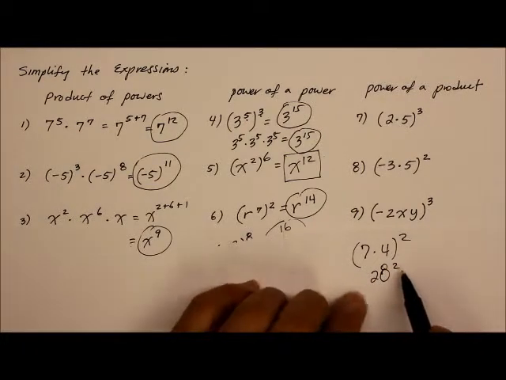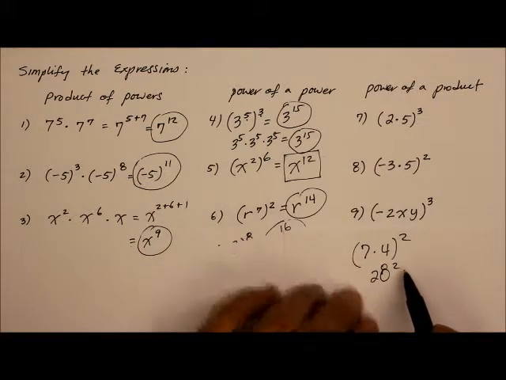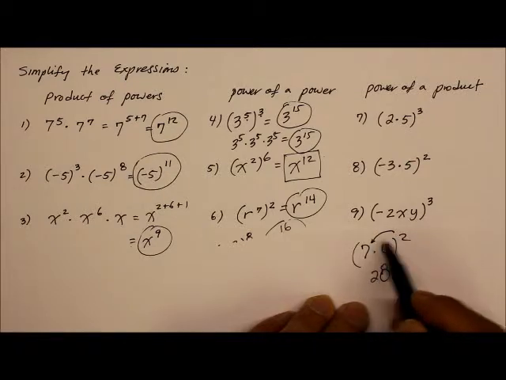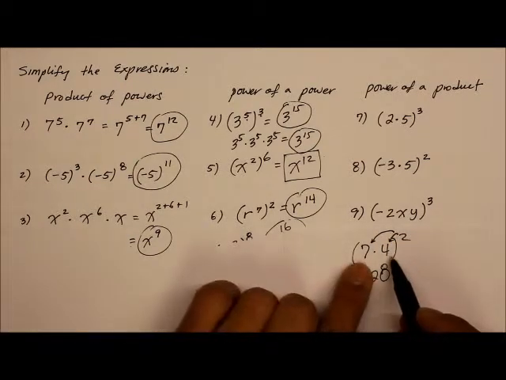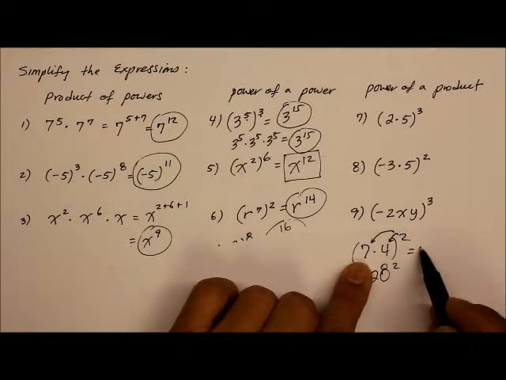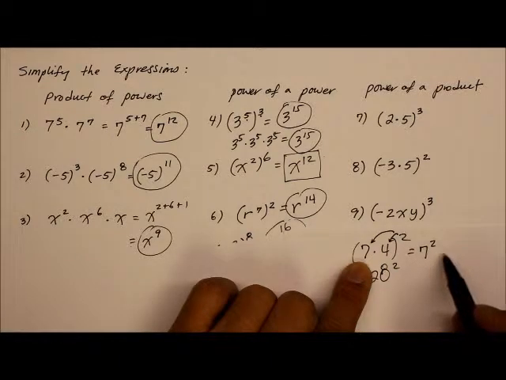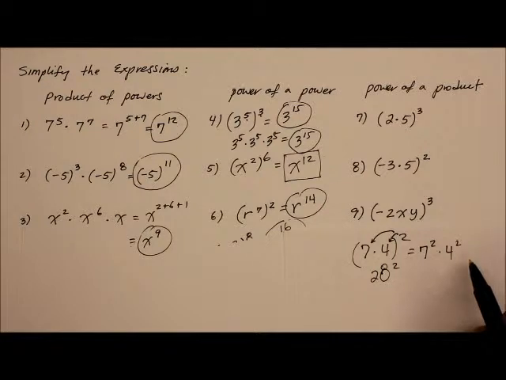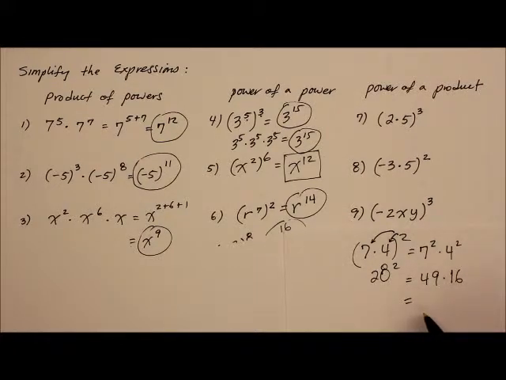But the rule is, in case sometimes it's not an integer, that you're going to take that exponent and multiply it to each of the factors inside. So in this case, it becomes 7 to the 2nd power times 4 to the 2nd power. Of course, it becomes 49 times 16, which becomes some huge number.